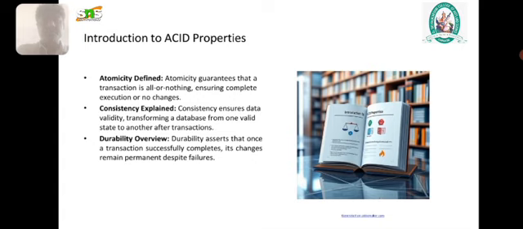Then what is consistency? Consistency ensures data validity, transforming the database from one valid state to another after transactions. And durability overview: durability asserts that once a transaction is successfully completed, its changes remain permanent despite failures.